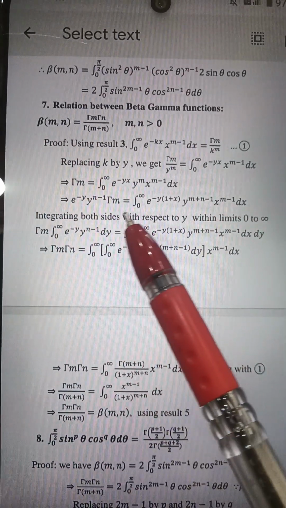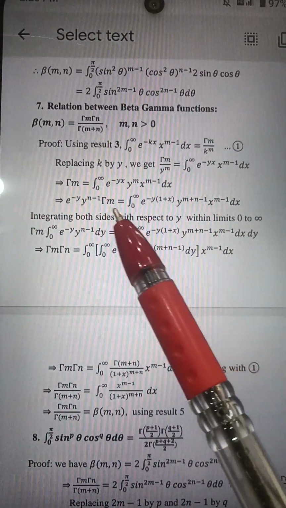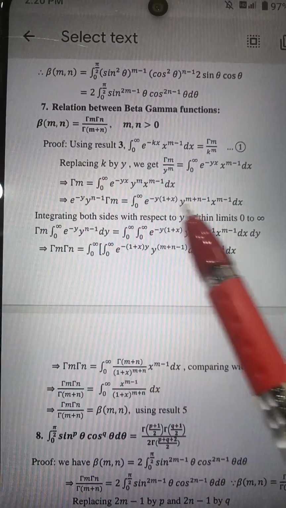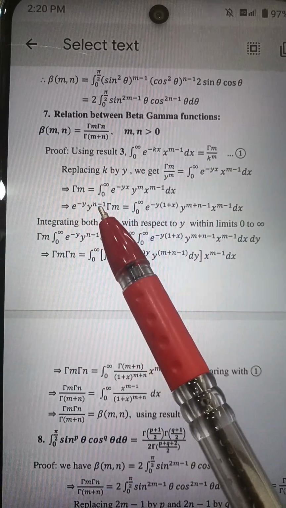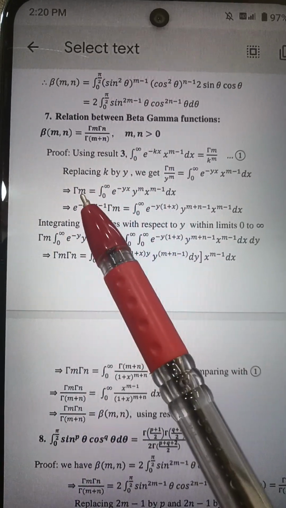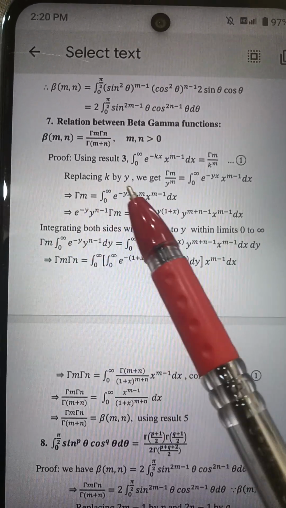Now we will integrate it. I hope this is clear. What have we done here? We have multiplied by e^(-y) y^(n-1) on both sides. This is the left hand side, this is the right hand side.